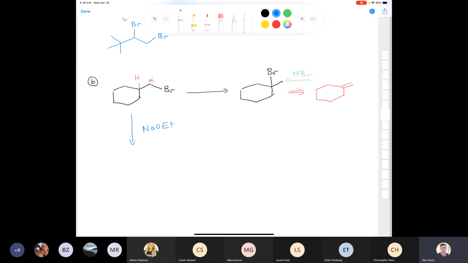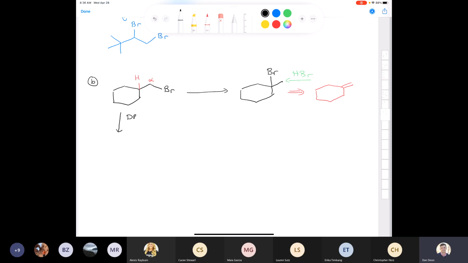So in order to suppress the SN2, what you would do is you would use a bulky base like potassium t-butoxide. Now in our book, I can't remember if it has potassium t-butoxide or DBU or DBN. Because if you take DBU or DBN, which are both strong bases and weak nucleophiles, and you treat those with a primary alkyl halide, you're going to end up with exclusively the E2 product.